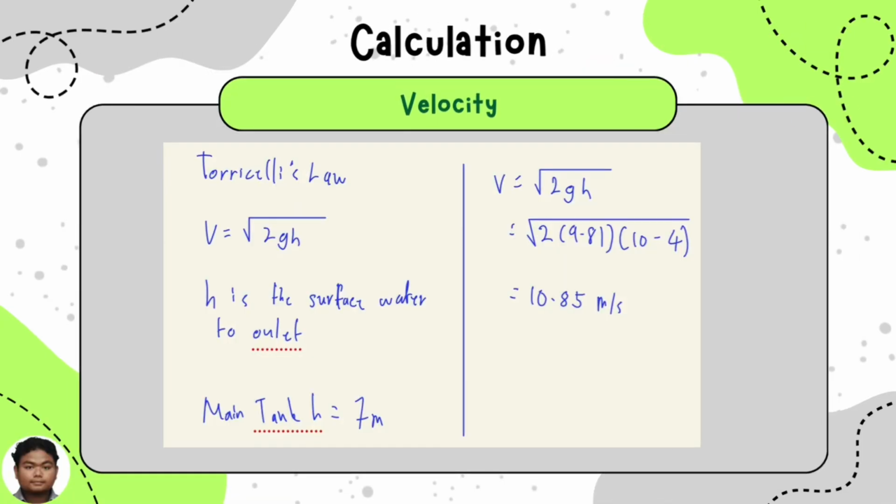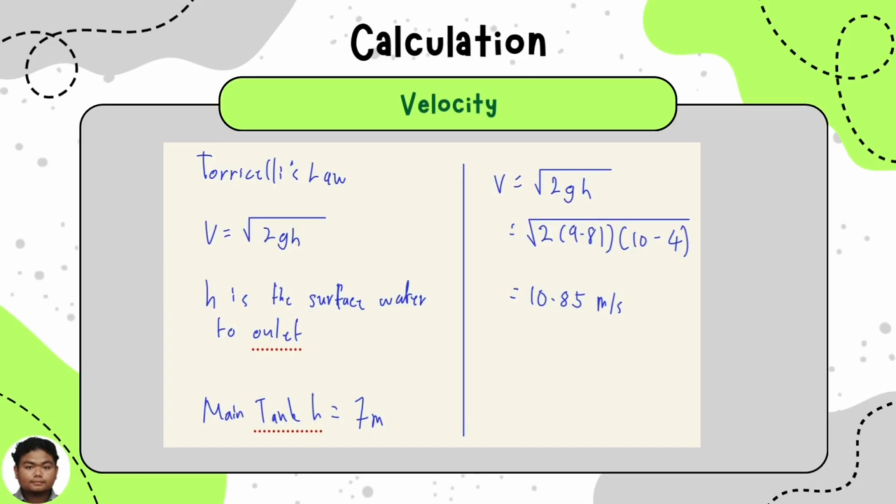Alright, now for the calculation, to find the velocity, we are going to use the Torricelli equation, where V equals the square root of 2GH, where H is the height from the water surface to the outlet.